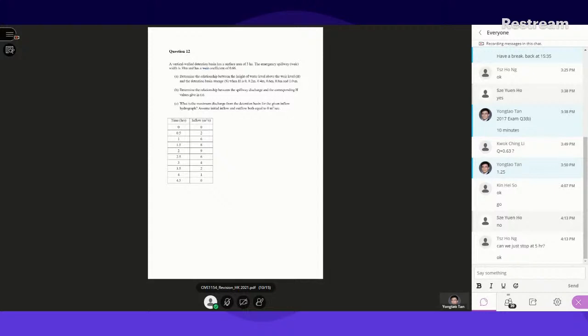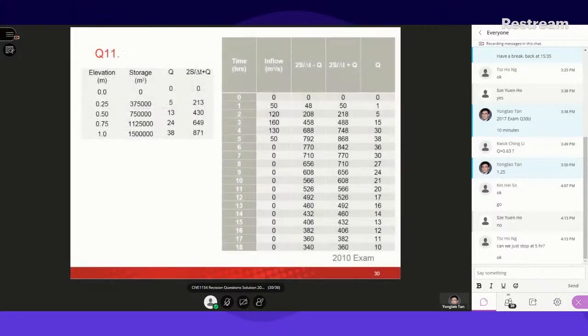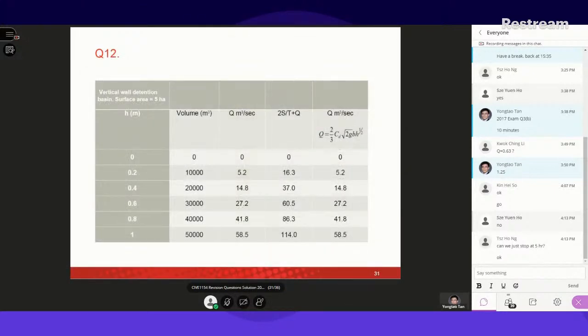Similarly, we need the reservoir property table. We need to calculate the relationship between the stage and the volume, and the Q, and also the 2S over delta T plus Q. How to get the Q?